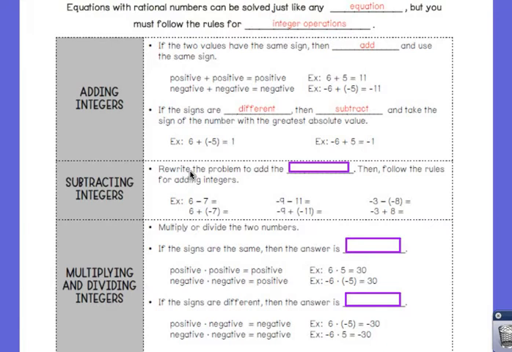Okay, subtracting integers, you're going to rewrite the problem to add the opposite. Then follow the rules for adding. So some math people like you to rewrite the problem. But let me ask you this. This 6, is it a positive 6 or a negative 6?